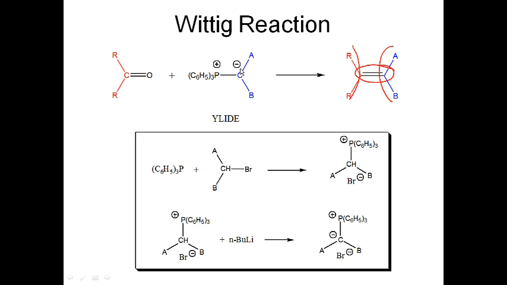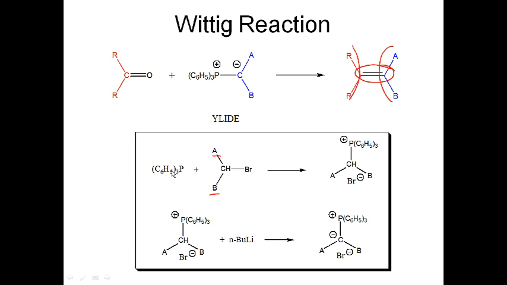So we know how to get a ketone or an aldehyde. What's this ylide thing? Well, the first thing we do to form an ylide is we start with an alkyl halide. So these A and B groups originally came from this alkyl halide. So once we make this alkyl halide and we make our ketone, then we would couple them together to form a double bond using the Wittig reaction.